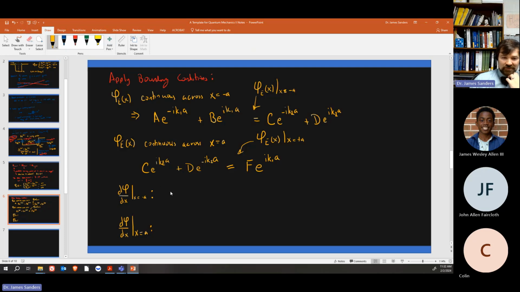The first one is going to look like a times i times k1, so maybe we should just write this as minus a i k1 a e to the minus i k1 a plus, but when you take the derivative, you actually get a minus sign here.